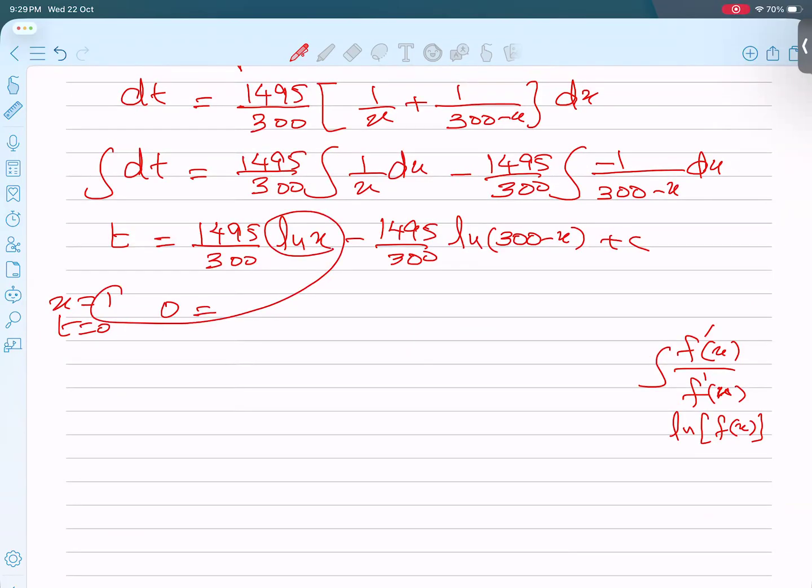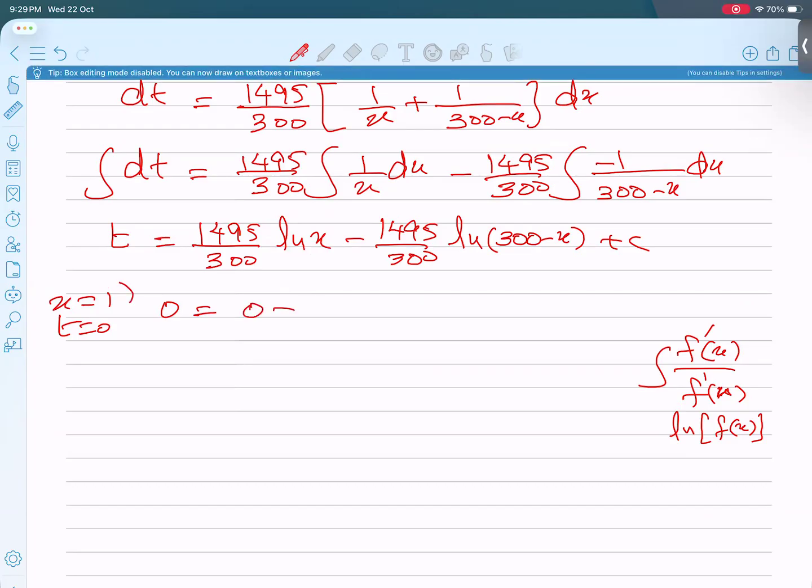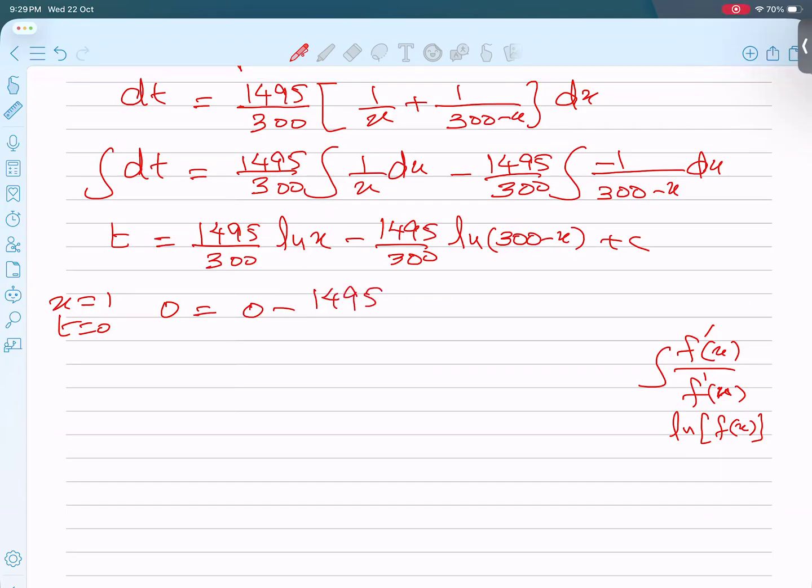Log of 1 is 0, so it becomes 0. But when I plug in here, I get negative 1495 by 300 log of 299, plus c. So the c value turns out to be 1495 over 300 log of 299.